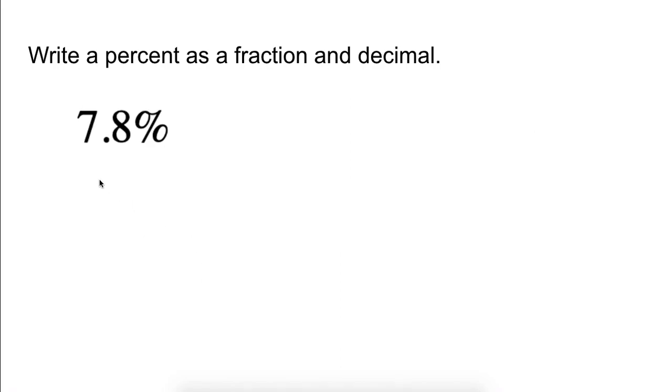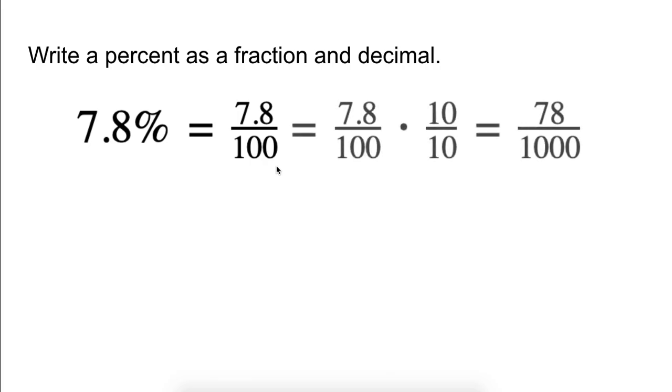We have this one, 7.8%. Again, percent is out of 100, so we write that as 7.8 over 100. But on this one, we don't want to leave a decimal in our numerator. So we need to get rid of that decimal, and the way we can do that is to multiply by 10 over 10 to move the decimal over.